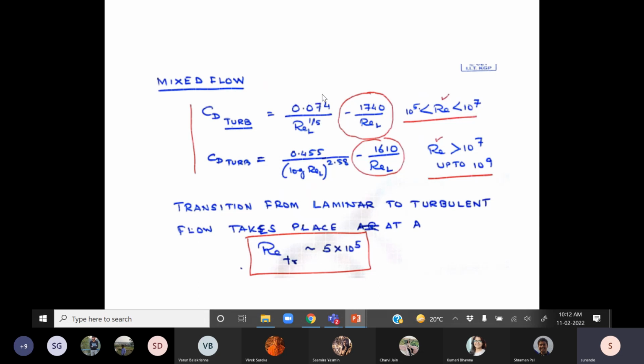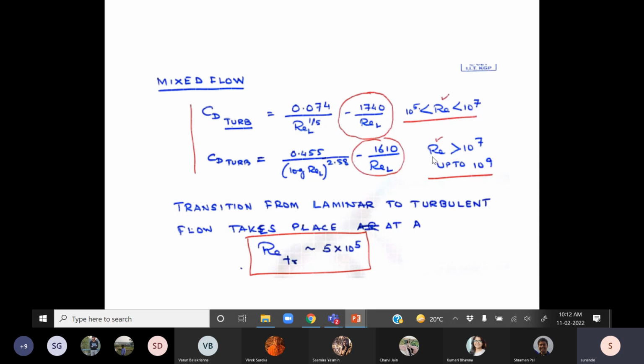The only information you would require in order to obtain this number 1740 is that the laminar to turbulent transition takes place at a Reynolds number of 5 into 10 to the power 5. If you construct a triangle and use the principles of proportionality, you would be able to arrive at this solution, which I am not performing here. So this is the relation that one would obtain.